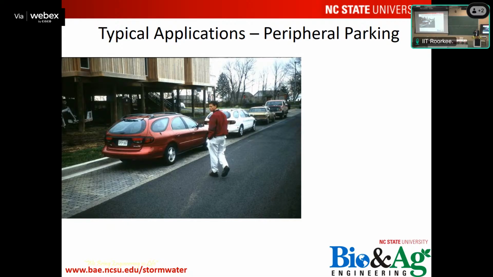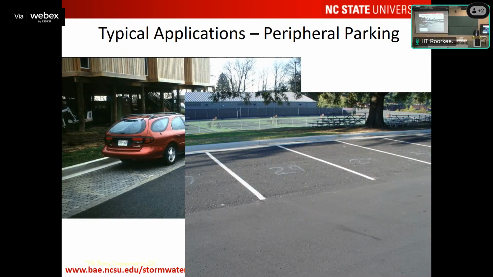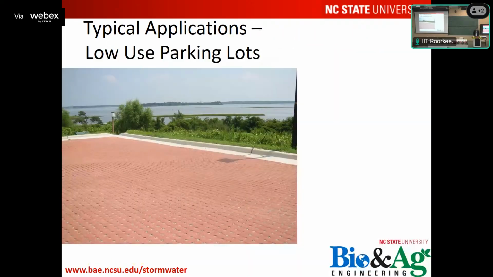Okay, along the street, and we saw this possibility here on the Rookie campus, side street parking is a possibility, all right? We've seen it used with some success along the edge of a street. And then there's low-use parking lots, so car parks where the traffic is daily, maybe.